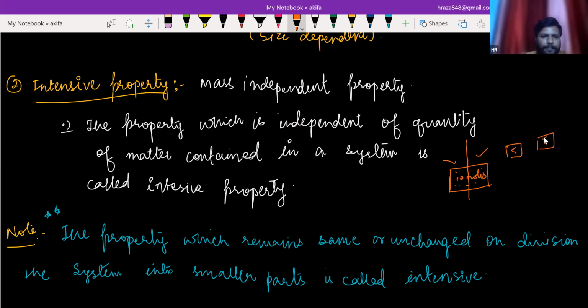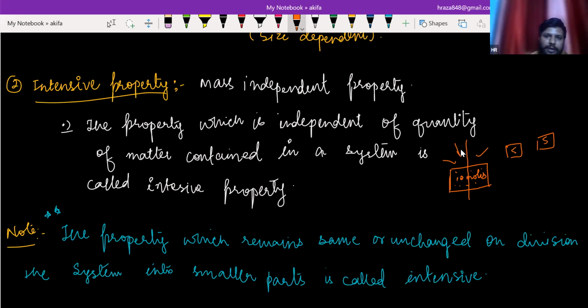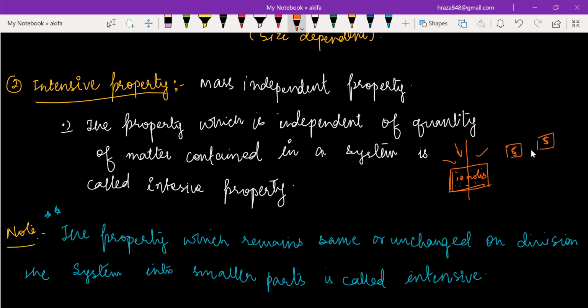After dividing, is it changed or unchanged? In the first container we had 10 moles, and after dividing it we got 5 and 5 moles. Then it means the mole is changed.